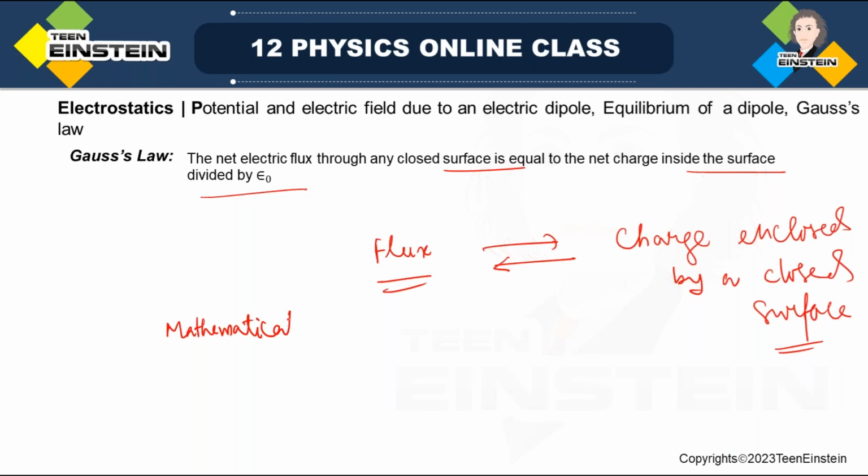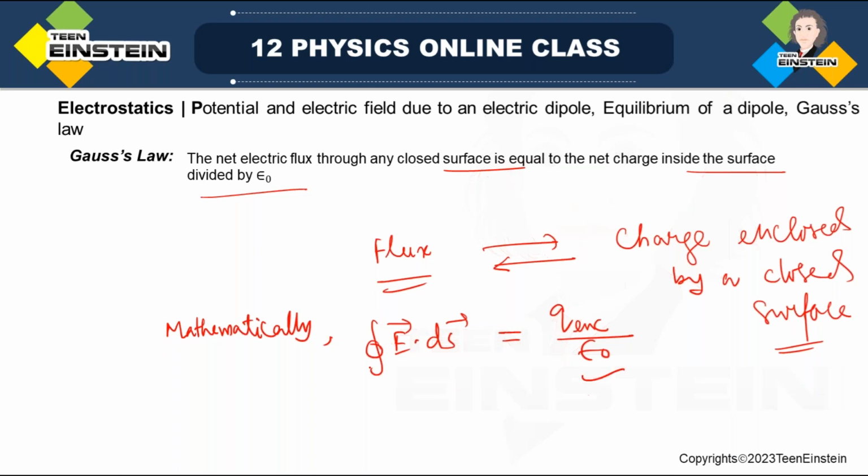Mathematically, Gauss's law can be expressed as: integration of E dot dS, this is flux, as we had already seen, over a closed surface, is equal to the charge enclosed divided by epsilon 0.